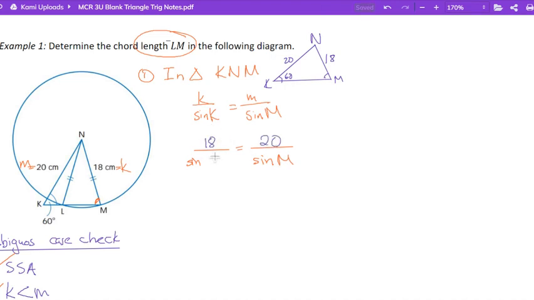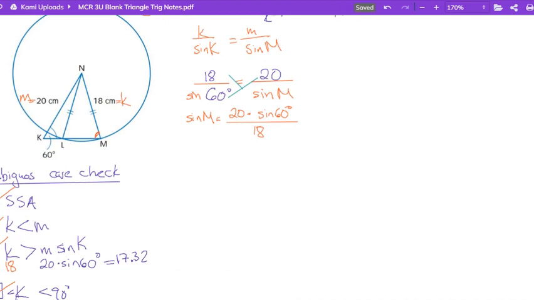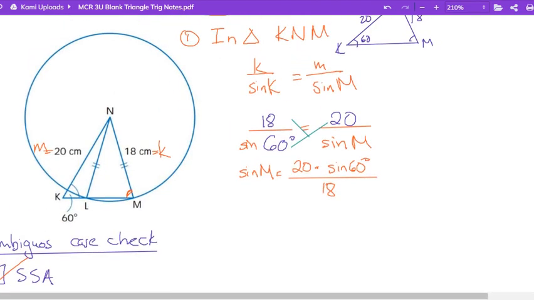M is 20. And angle K is 60. Oh yeah, I can use that good old T rule. 20 times sine 60 divided by 18. And I'll get something like 0 point something something, and I won't worry because that is just giving me the ratio. And then I must take the inverse sine.